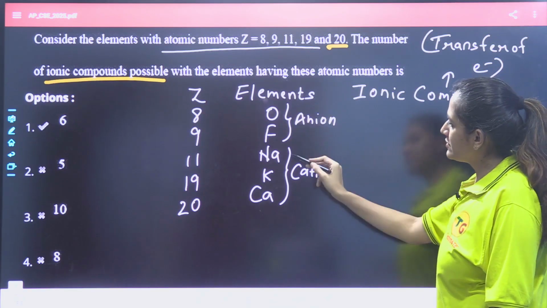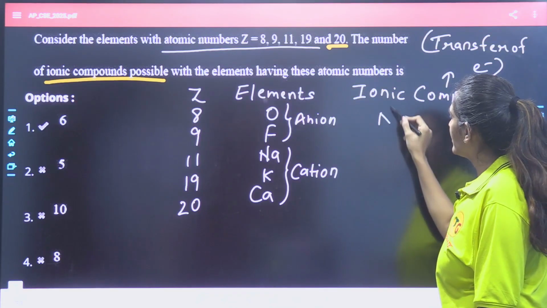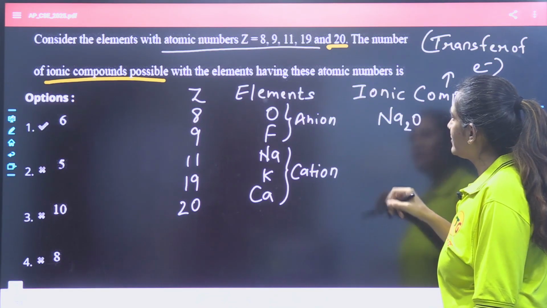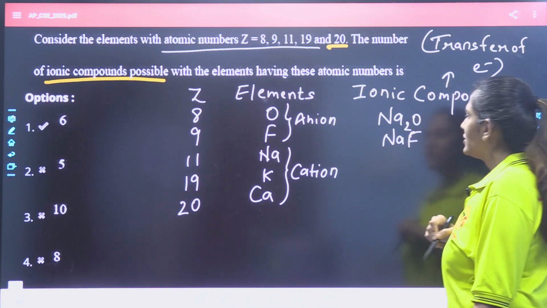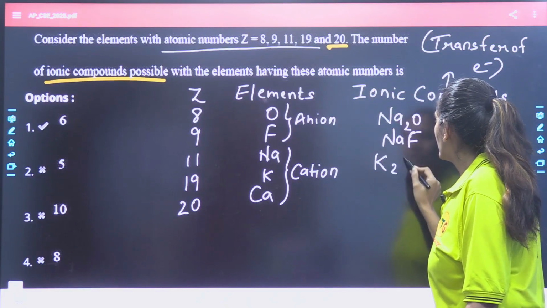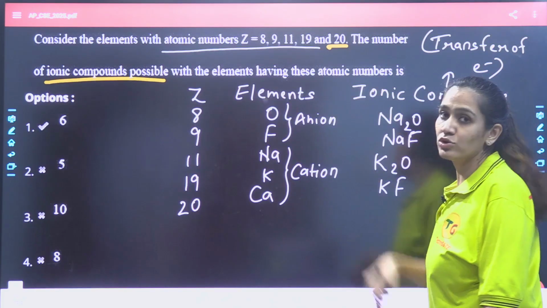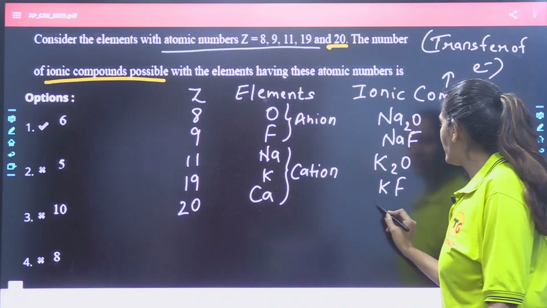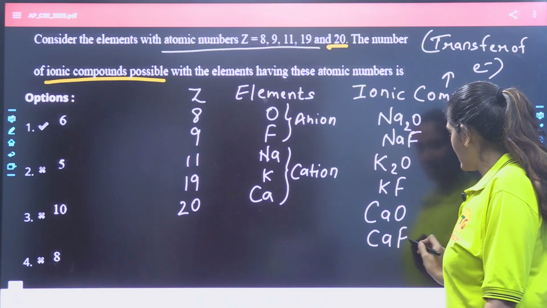Sodium, first of all, would act as a cation and form compounds with both of them. So sodium oxide is possible and sodium fluoride. These two compounds it would form. Then potassium oxide and potassium fluoride, with both of them it would form compounds. Then calcium oxide would be formed and calcium fluoride.